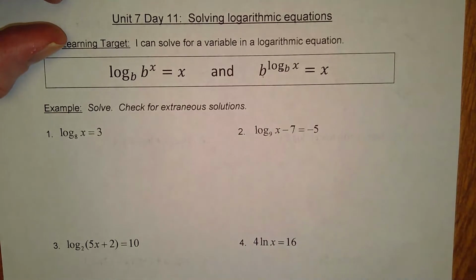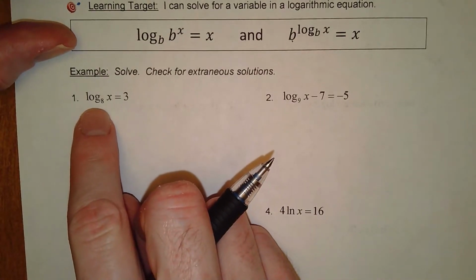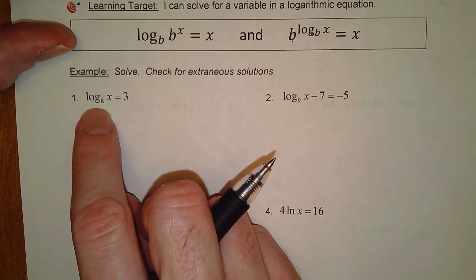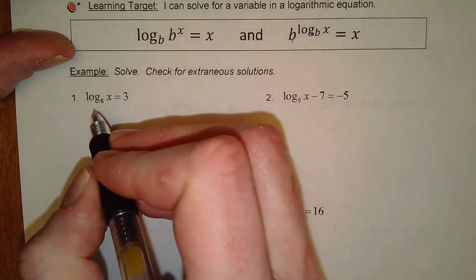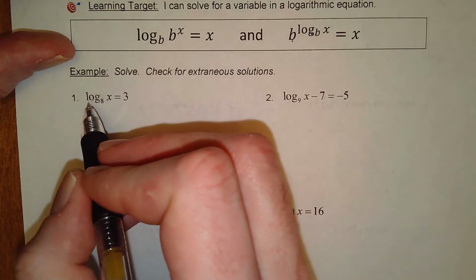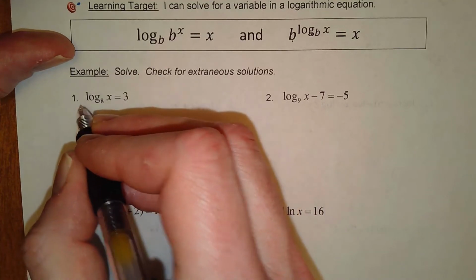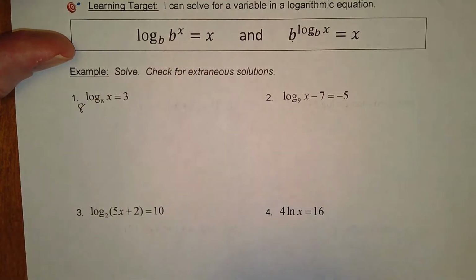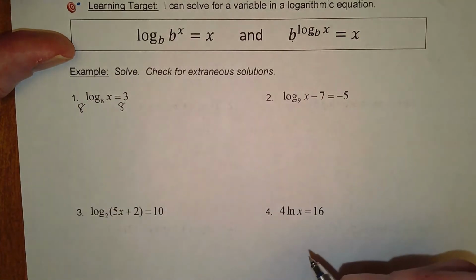Now how that works is, here we've got log base 8 of x equals 3. So the base I want to use is 8. I'm going to take 8 to this power and to this power. So these become exponents. On this side it'd be 8 to the log base 8 of x power, and on the other side I have 8 to the third power.